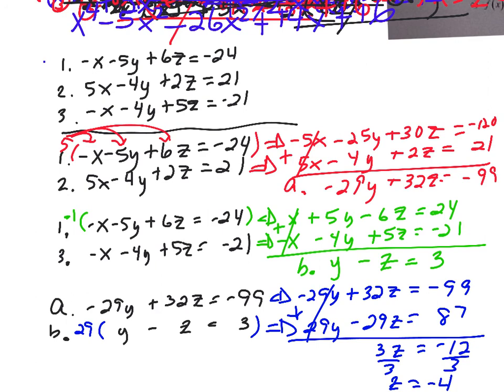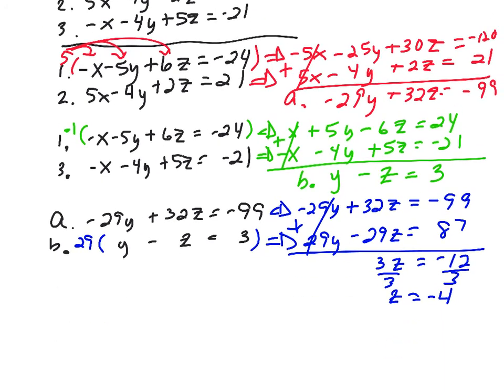Okay, so we have z so far. Let me move everything up. Now we're going to take equation either A or B. I'm going to pick B because B looks easier. I have z already, my bad. I'm going to find y when z equals negative 4.